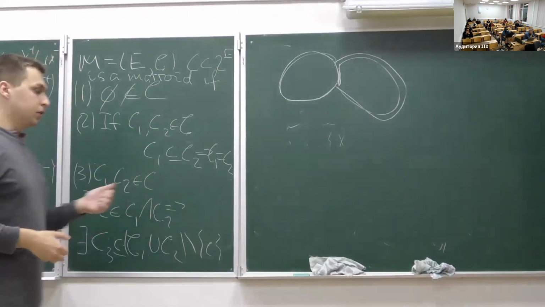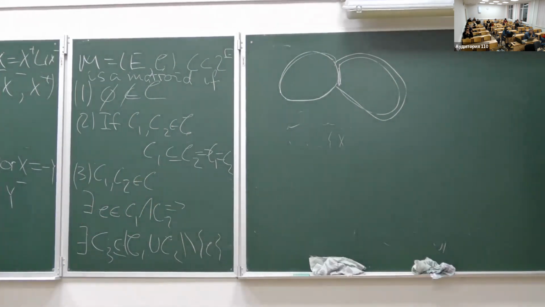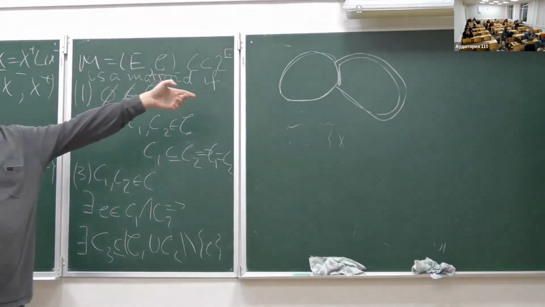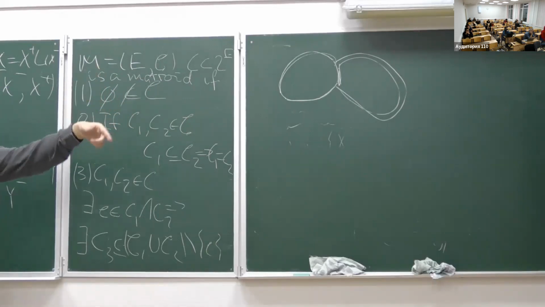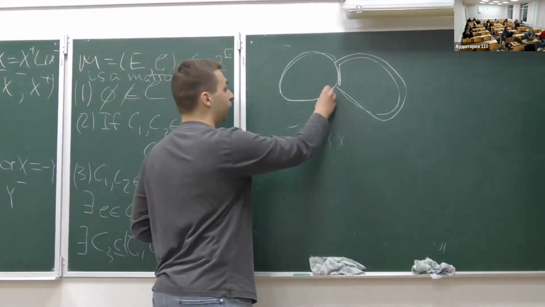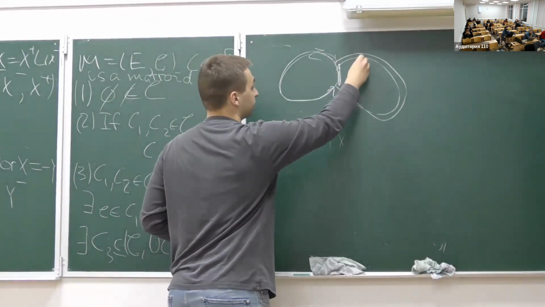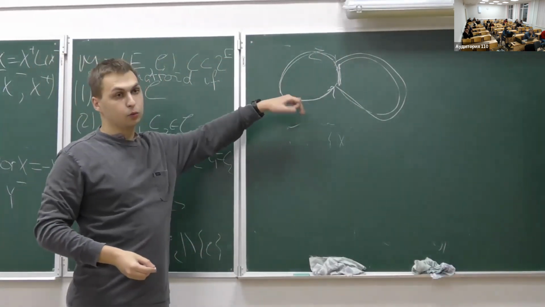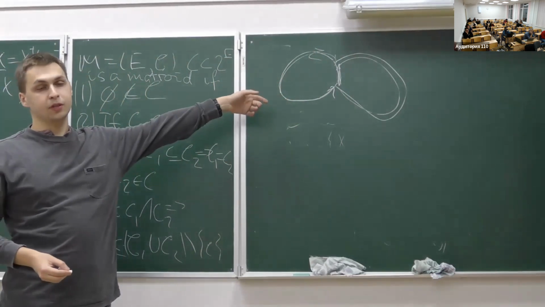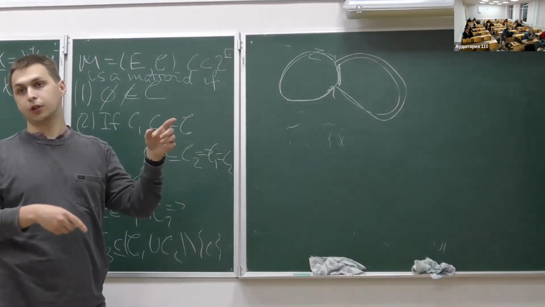What this says is that we can for a moment forget about orientation, glue it together without orientation, and then when we return the orientation, on the edges from one circuit our orientation will remain the same, but on the edges from another circuit we will have to switch orientation.